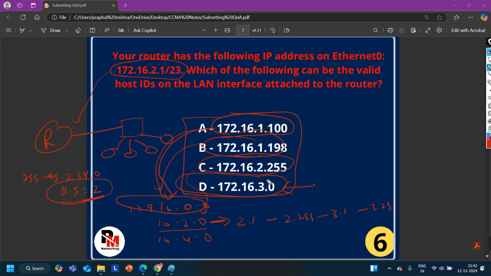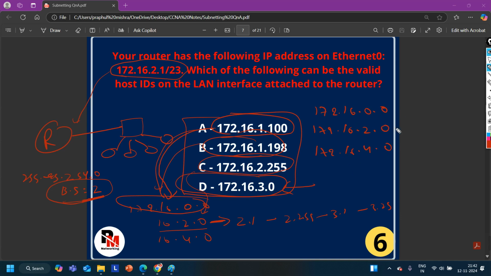The range to support, sir, the total IPs in the subnet is 512. No, no. Brother, see, the first subnet is 172.16.0.0, second subnet 172.16.2.0, third subnet 172.16.4.0.